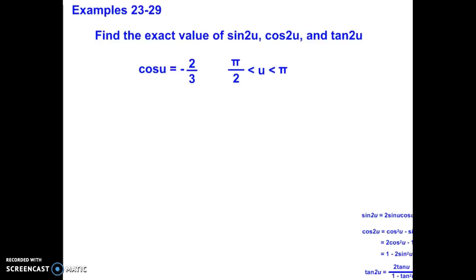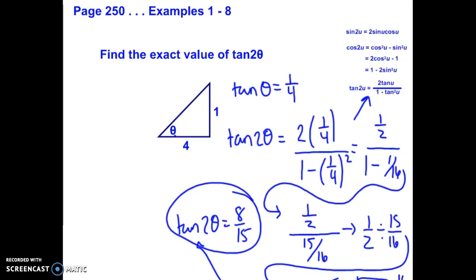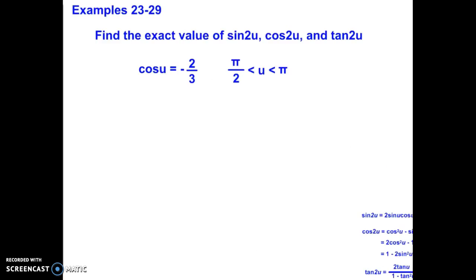So if I want to find the exact values, this reminds me a lot of this kind of problem back here. What is the exact value of the tan of 2 theta? Except now I'm going to find the sine, cosine, and tangent. It gives me some information. It tells me what quadrant I am in because it's between pi halves and pi.